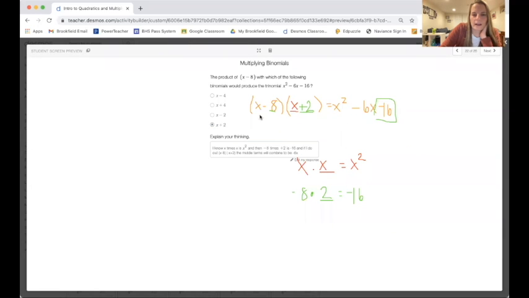So, right, if I distribute this, I get x squared plus 2x. And then if I distribute the negative 8, well, I did not mean to erase that. So if I distribute the negative 8, that's going to be negative 8x minus 16. Combine your like terms, and you will end up here. There's a lot going on there. You kind of have to work backwards a little bit to figure out what the answer would be.